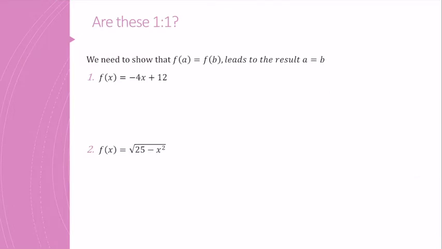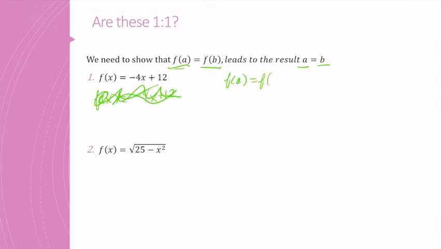So let's test if these functions are one-to-one. If I set f of a equal to f of b, then I get a equals b. I have f of x equals negative 4x plus 12. I'm going to take f of a and set it equal to f of b.